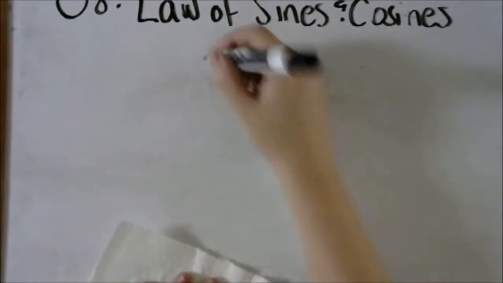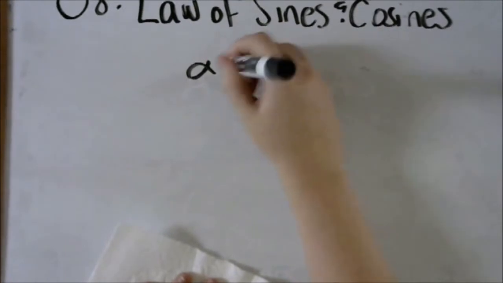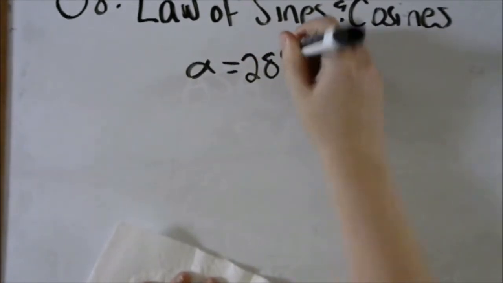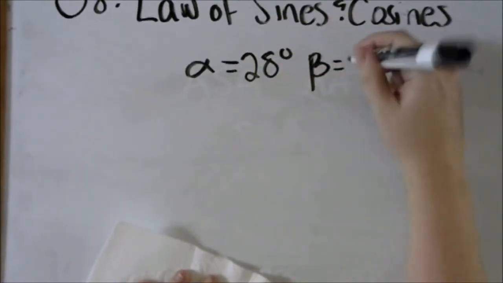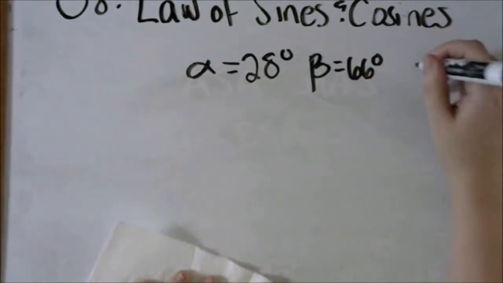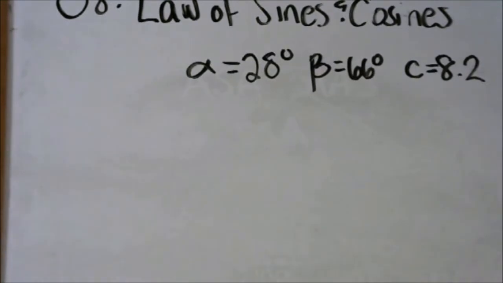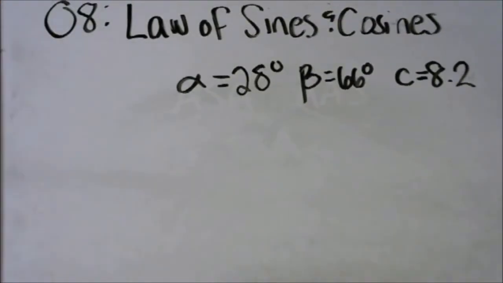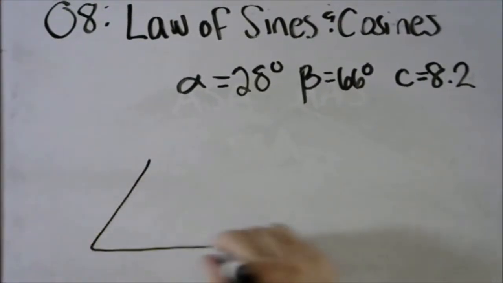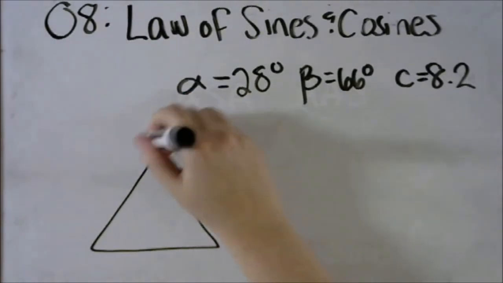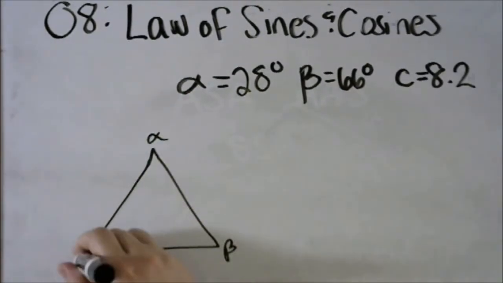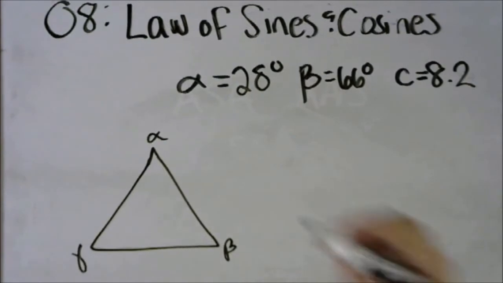For our first example, we're going to take a look at a triangle where alpha is 28 degrees, beta is 66 degrees, and side C is 8.2. So as I'm solving, I like to give myself a model, so I tend to draw an equilateral triangle and label the three angles and three sides.